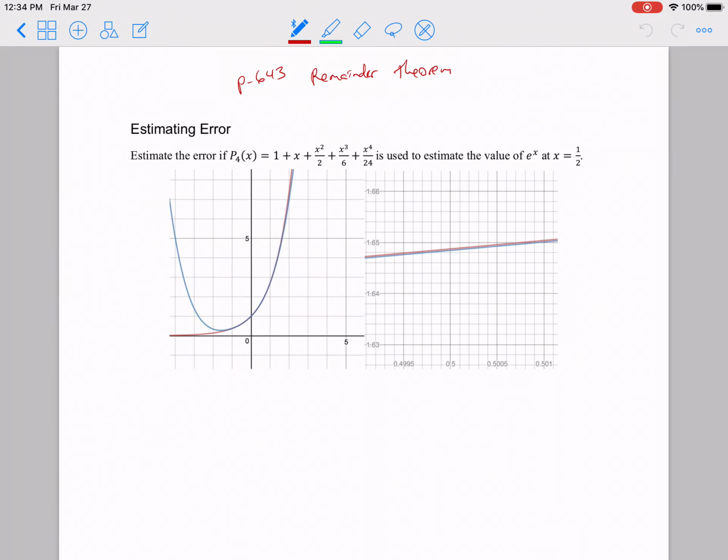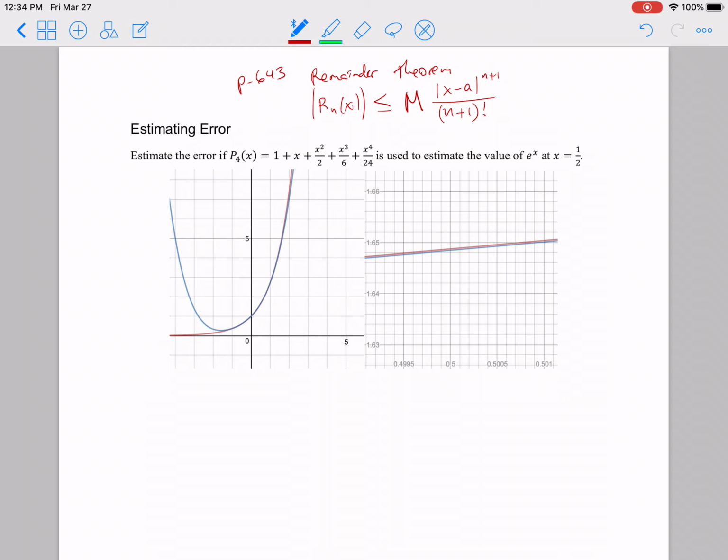That remainder part, the absolute value of Rn of x, is going to be less than or equal to some value m times the absolute value of x minus a to the n plus 1, over n plus 1 factorial. And this value m basically just has to be a number that is larger than your function values.